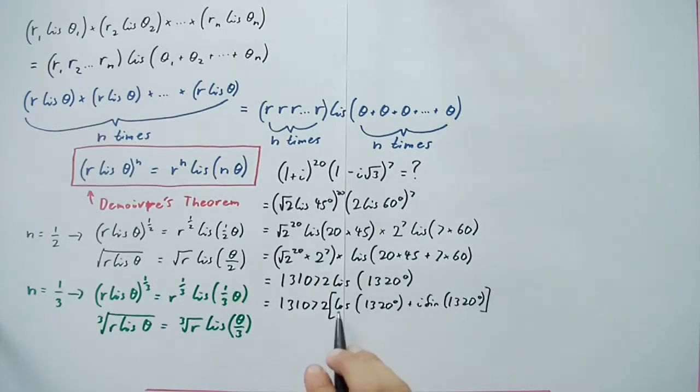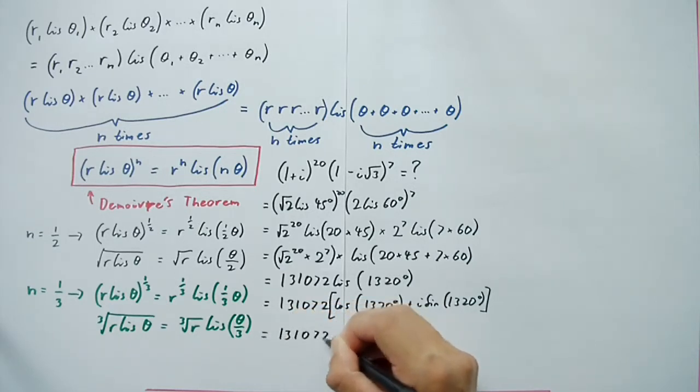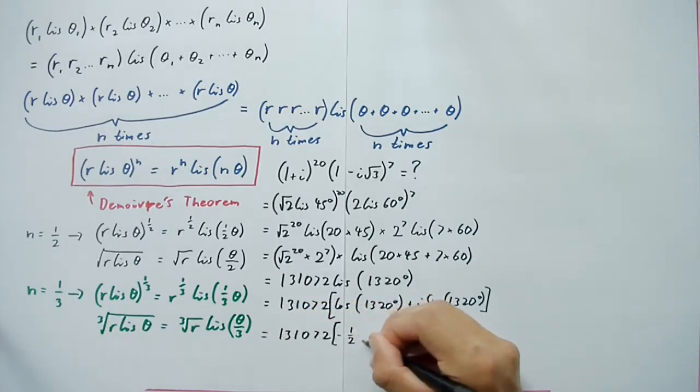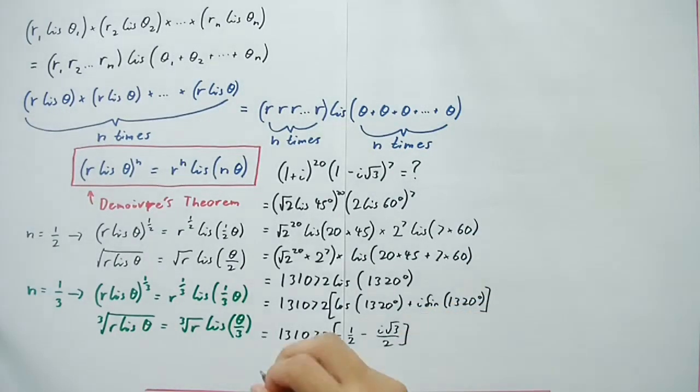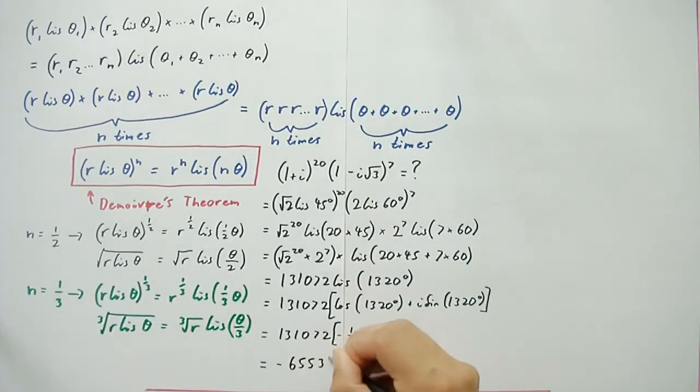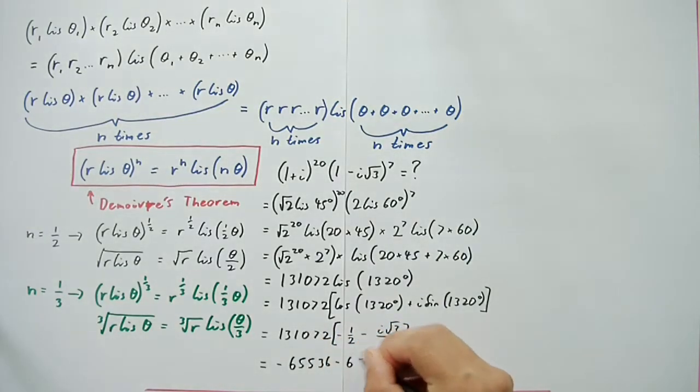And when you plug in the cosine and sine of 1320 into your calculator, you get negative a half and the negative square root of 3 over 2 respectively. So this becomes 131,072 times negative half minus i root 3 divided by 2, which equals negative 65,536 minus 65,536i times the square root of 3.